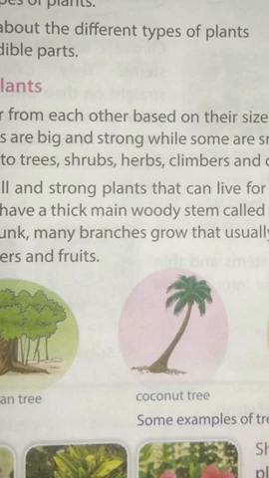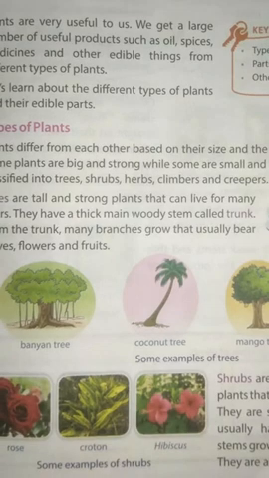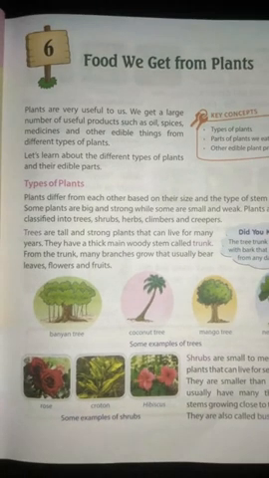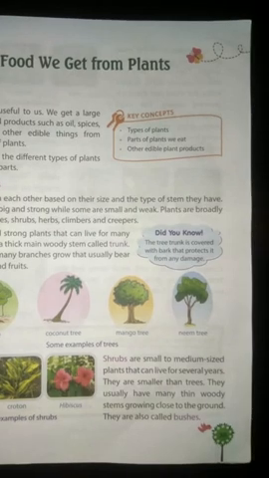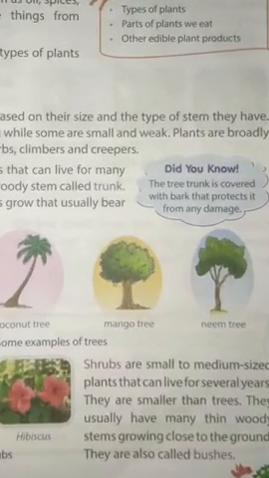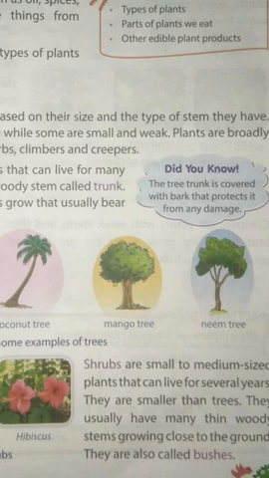We get food, vegetables, fruits, medicine, everything we get from plants. Then next point, shrubs. So first trees complete, second one, shrubs.